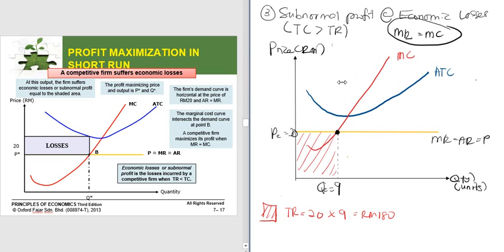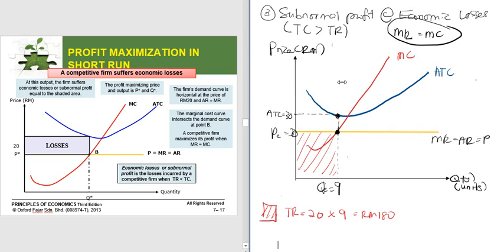Okay, next is for you to find the total cost. To find total cost, from this point you drag it upward until you touch ATC. And then you drag it to the left, bawa ke kiri, and then you have the average total cost. Let's say I put it as 30.